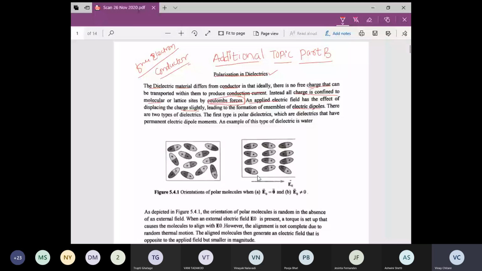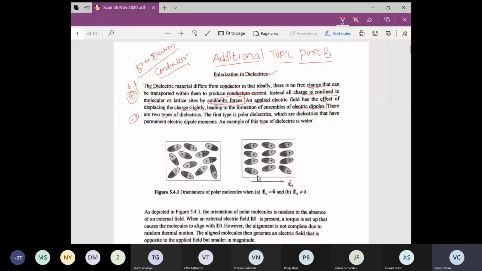As we discussed last time, there is a small displacement between the nucleus and the electron cloud. When you apply an electric field to this, it forms a kind of dipole, as we have shown here.